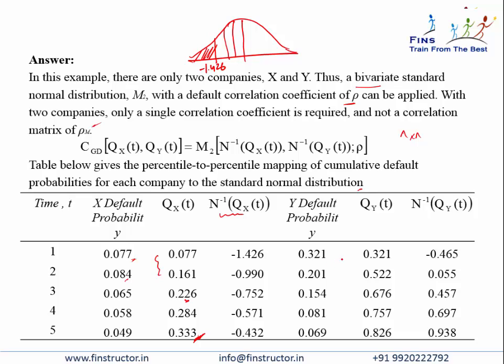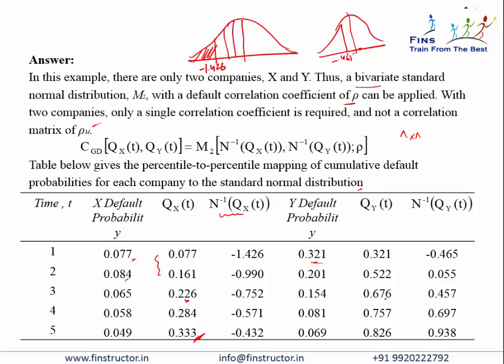Similarly for Y, we can calculate a 32% chance that it will default in year 1. So the cumulative normal variable comes out to be minus 0.465. By the second year, it comes out to be 52.2%, 32 plus 20.1. 52.2 means it's slightly on the right hand side.